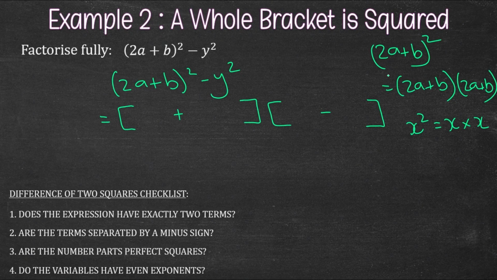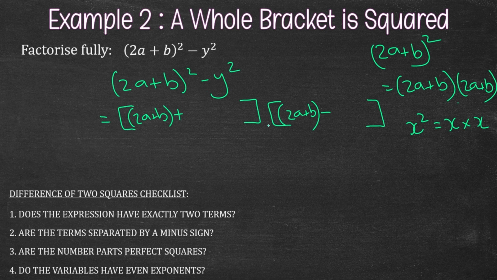This 2a plus b is like a whole package. It's like an x. That's why I could say this 2a plus b in brackets multiplied by 2a plus b in brackets. So what we do now is we take this first part and we write it at the beginning of each of the brackets. So 2a plus b and 2a plus b.